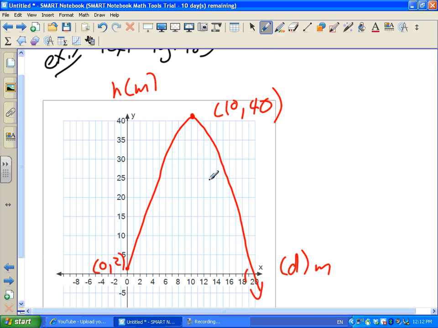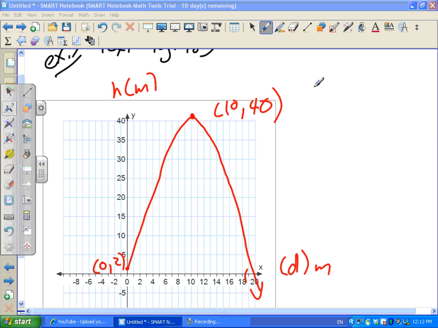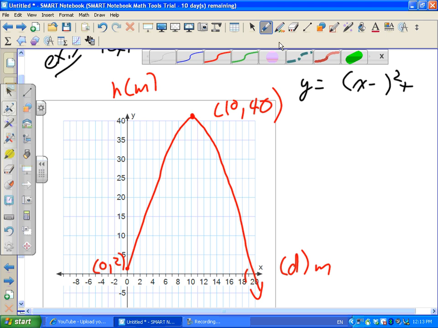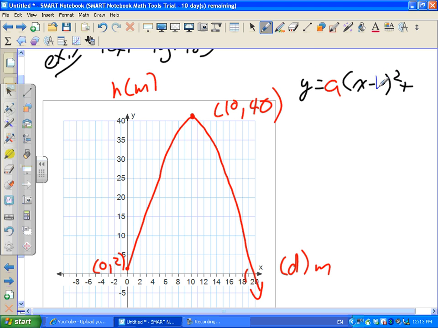Now what we're going to do is the exact same idea we did before. We're going to try to find the equation of this parabola. So we know that y is equal to a(x - h) squared plus k.